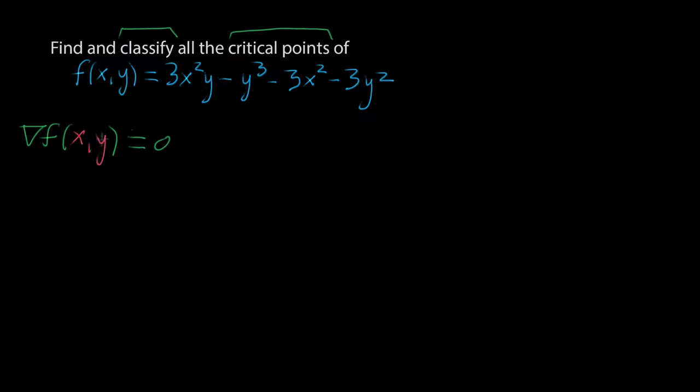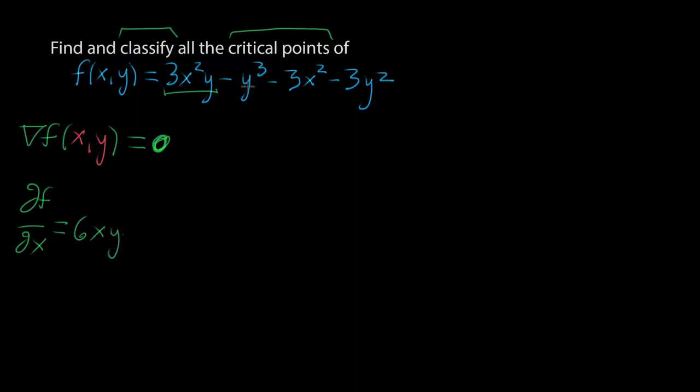The first thing we're going to need to do, if we're solving for when the gradient equals 0, and remember when we say equals 0, we really mean the 0 vector, but it's just a convenient way of putting it all on one line, is take both partial derivatives. So the partial derivative with respect to x is, well, this first term, when we take the derivative of 3x squared times y with respect to x, that 2 hops down, so we have 6 times x times y.